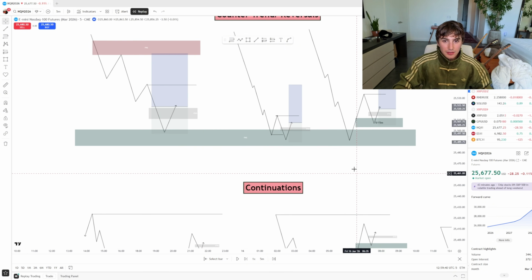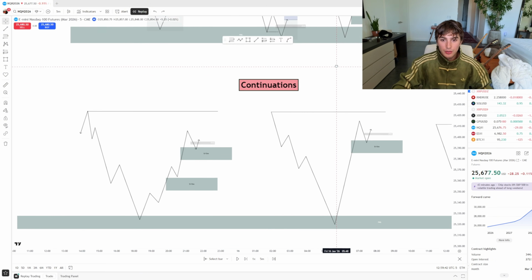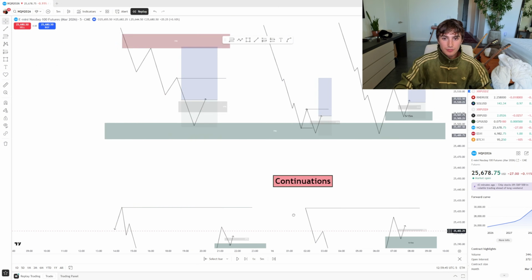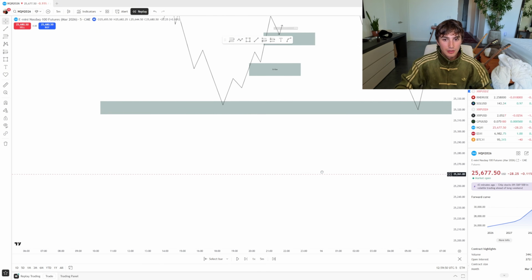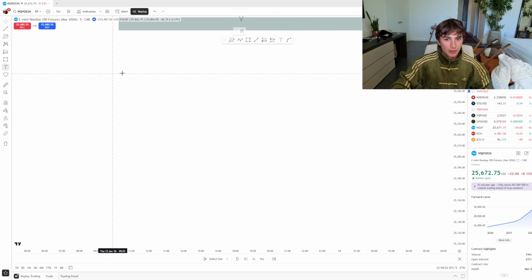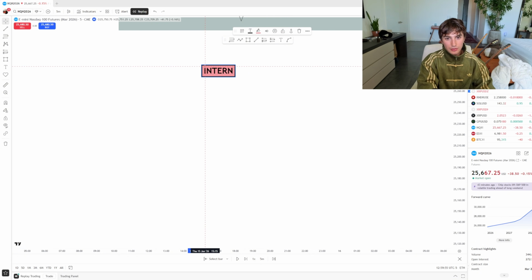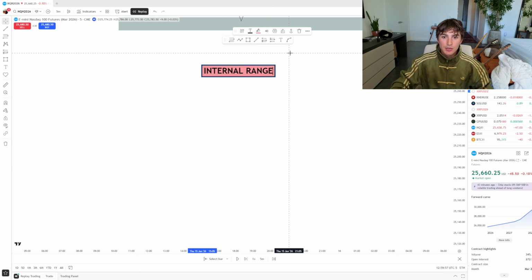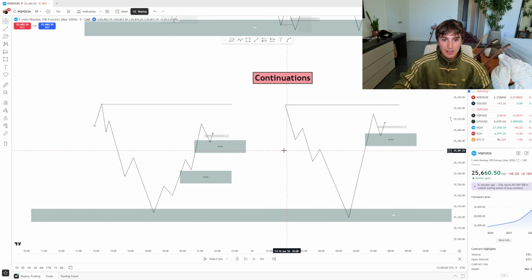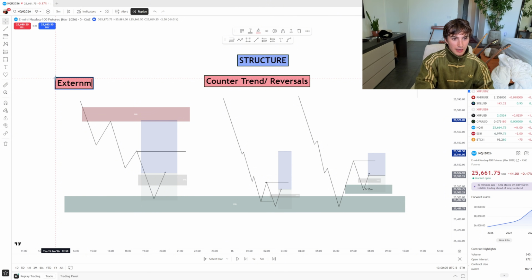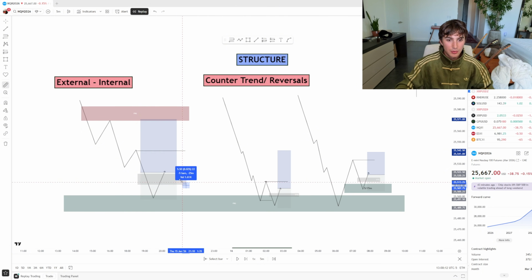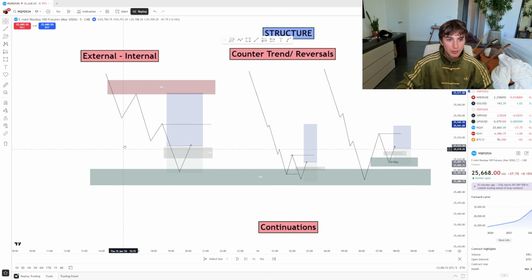And finally, right now we've done counter trend reversals, we've done continuations, and the last one would be internal range. So let's say we grab internal range. Internal range is really simple. Notice how in these cases we're trading external to internal, from a higher time frame key level into a lower time frame key level.